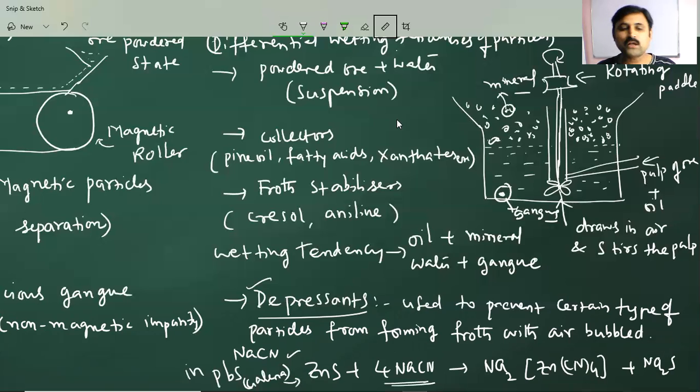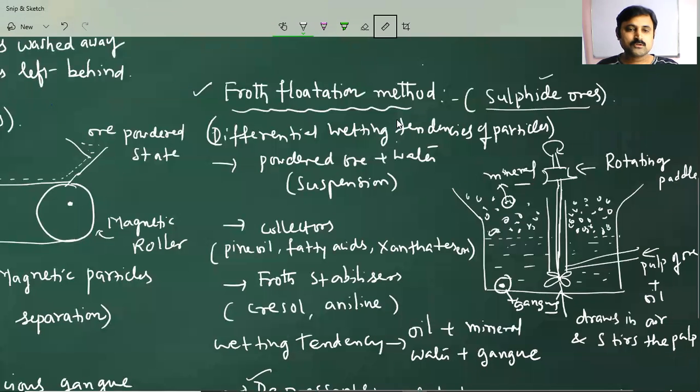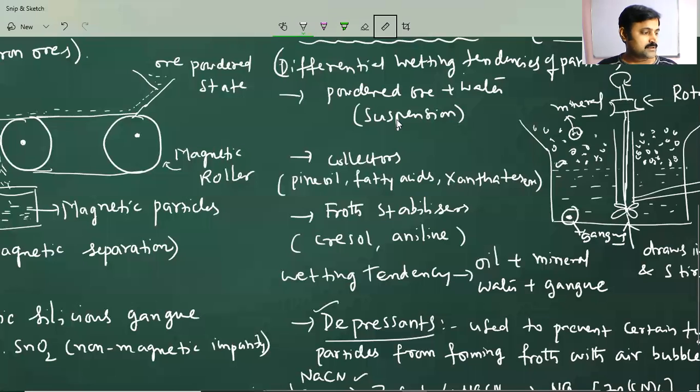That is the important role of sodium cyanide in the froth flotation method of galena: it is a depressant. Okay, so this is our point.